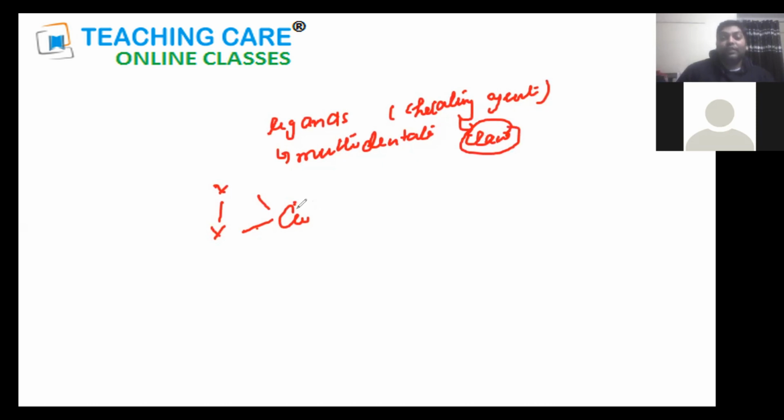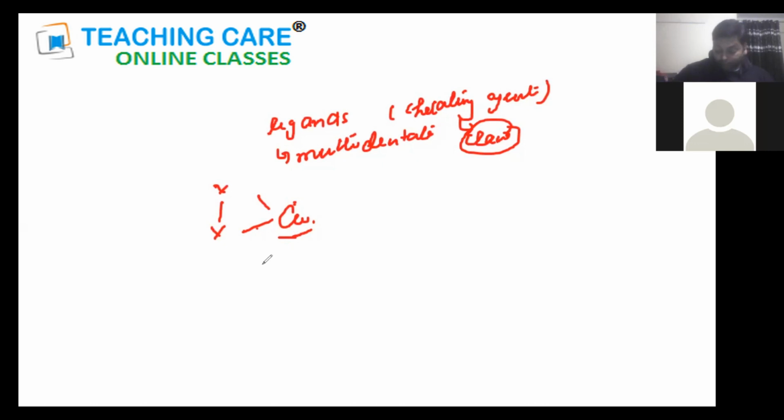So they hold the central atom from multiple sides and form a ring-like structure around it. They protect the central atom from further reaction. This protecting nature of the compound, by forming multiple bonds to it, is known as chelating property. Okay, got it?